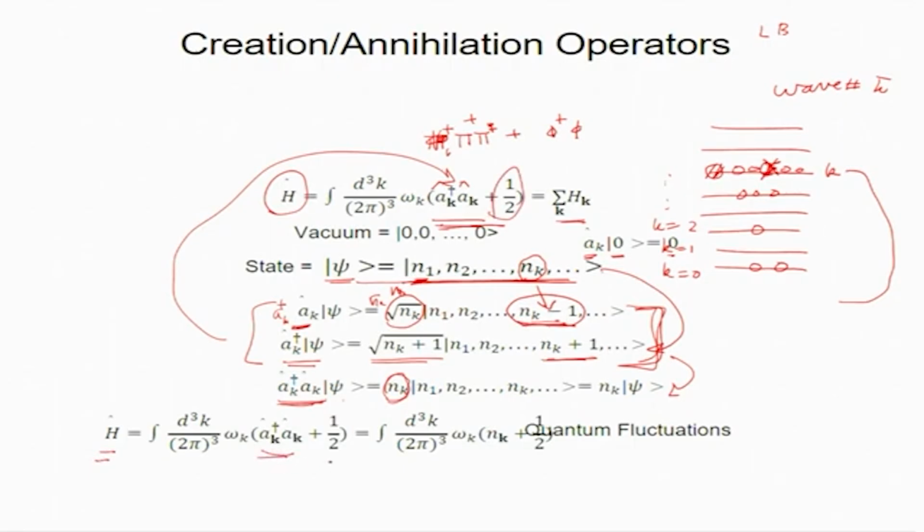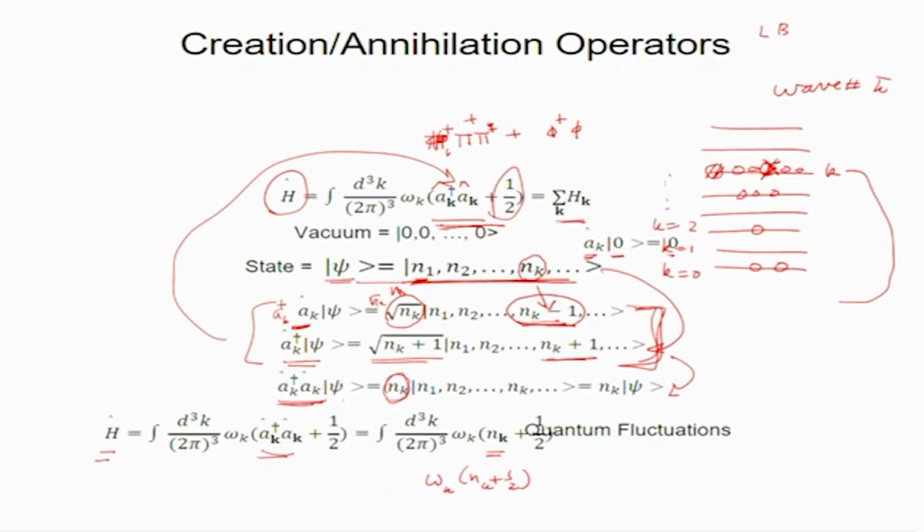So, A_k dagger A_k will give you nk if I act on psi. So, now this is jumping in here, nk plus half times omega k. Looking at the number of particles at every k, I just multiply nk plus half with omega k and sum over all k's. That is the energy of the system.